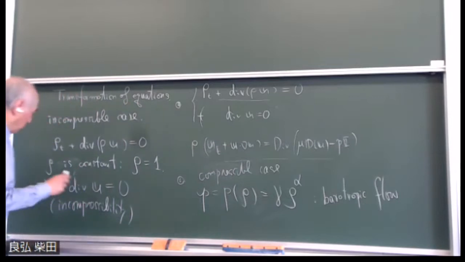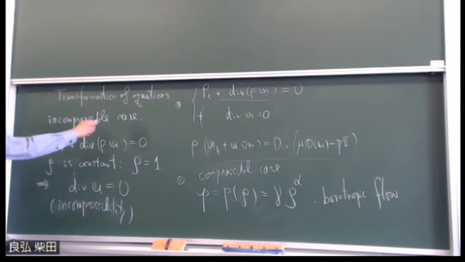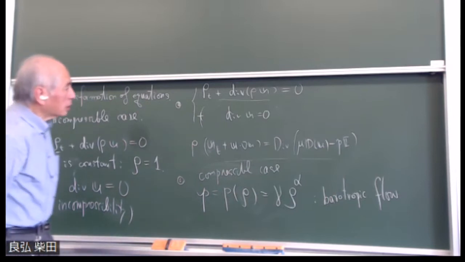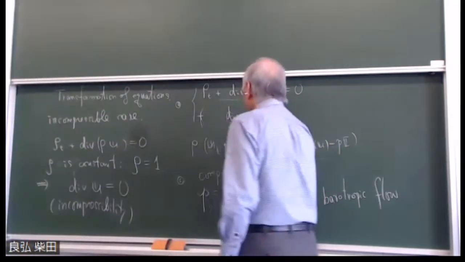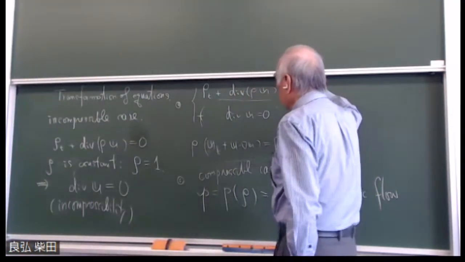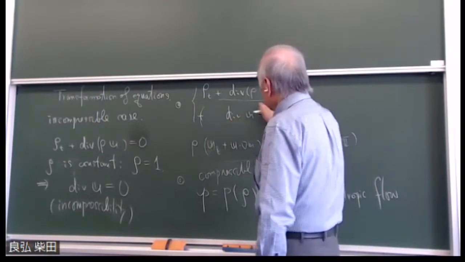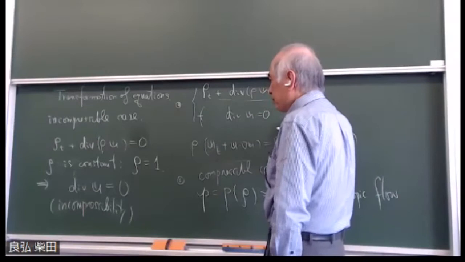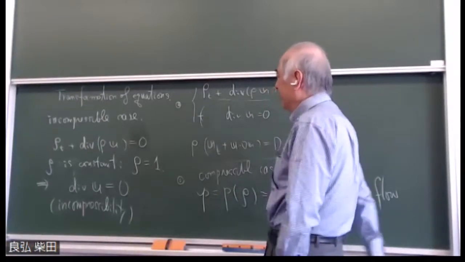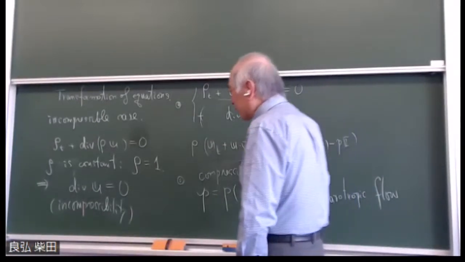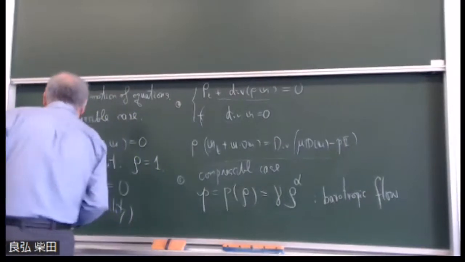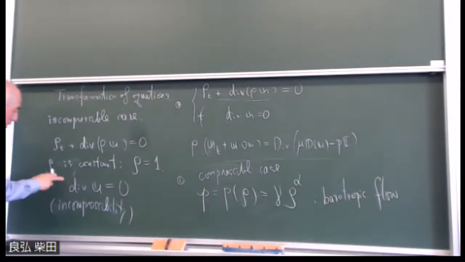But from now on, I want to consider the incompressible case. The most general case is, of course, you consider the equation of mass plus this incompressibility. But it's very difficult for me. Also, this is very standard: rho is assumed to be a positive constant.